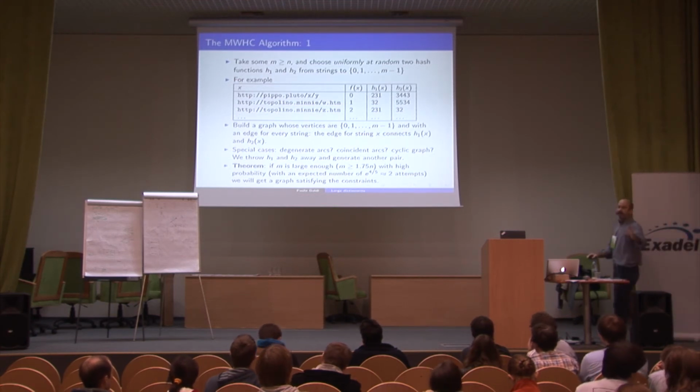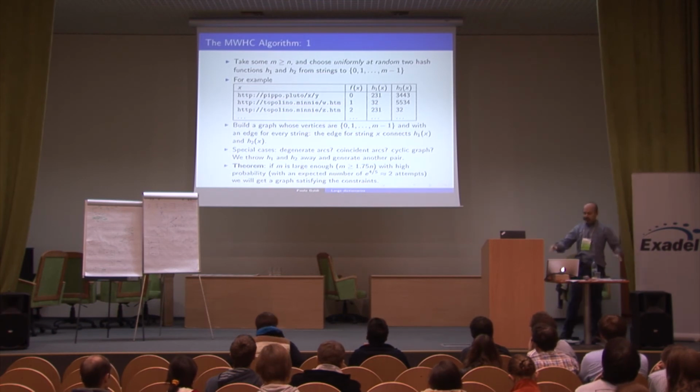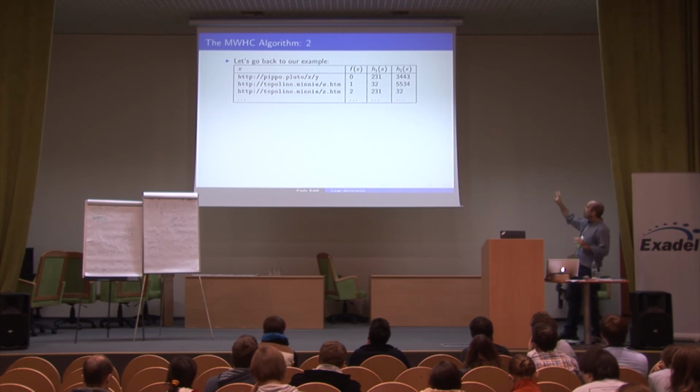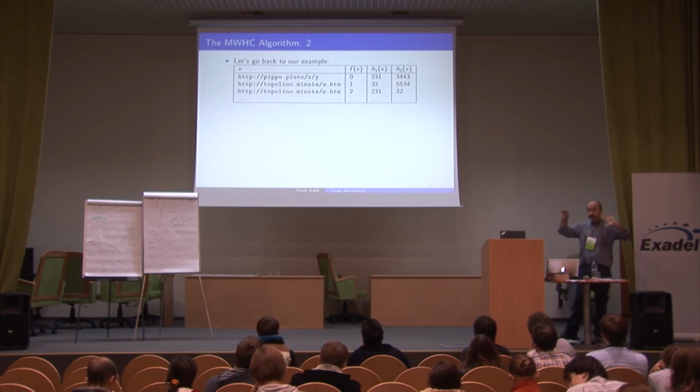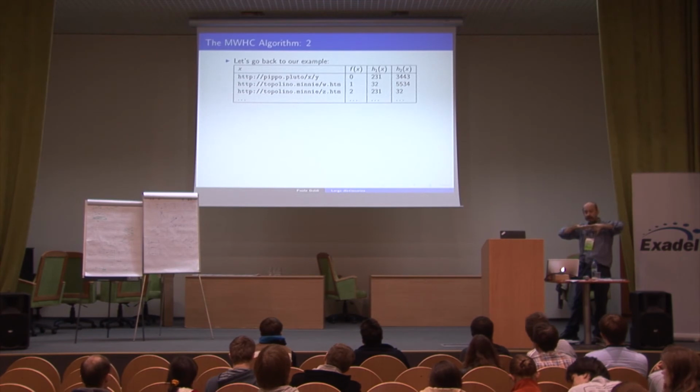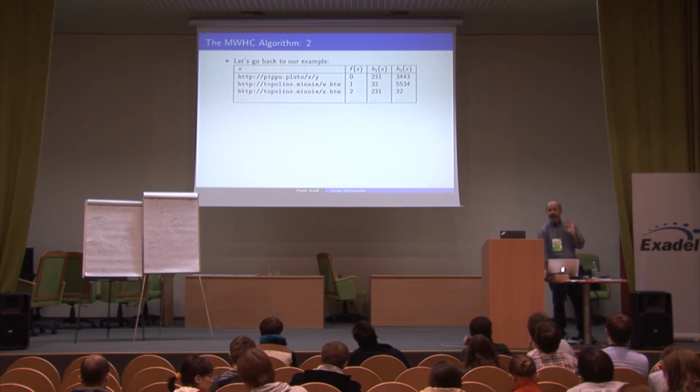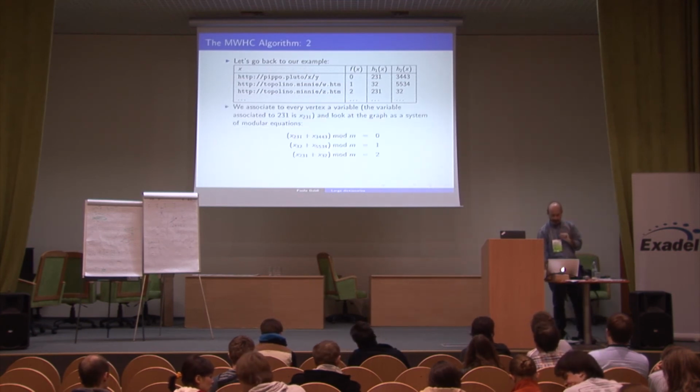Okay, so you do that, and you end up with this magic graph. And now you look at the graph. So now h1 and h2 have this nice property of corresponding to an acyclic graph with exactly n edges, one for every string.